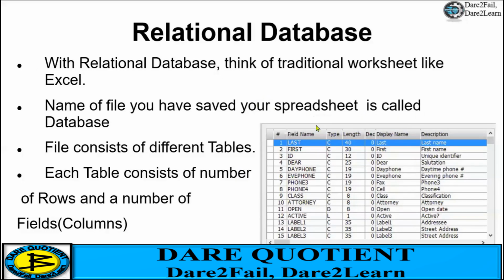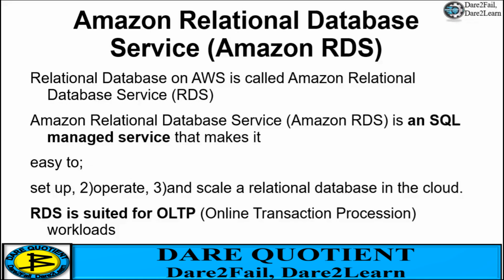Just as I mentioned, an Excel sheet is an example of a relational database where you could have your name and store different aspects corresponding to a particular individual. A relational database consists of columns and rows. Now, on the Amazon platform, you hear of Amazon RDS, which is the Amazon version of the relational database.